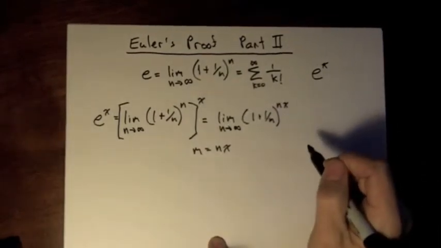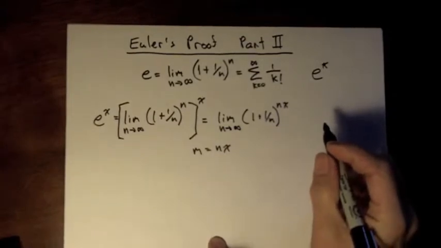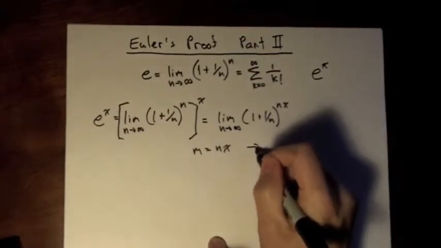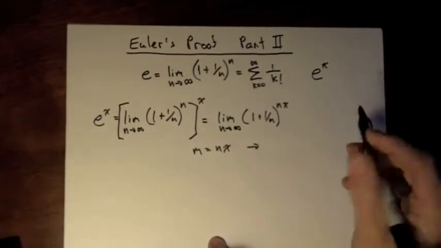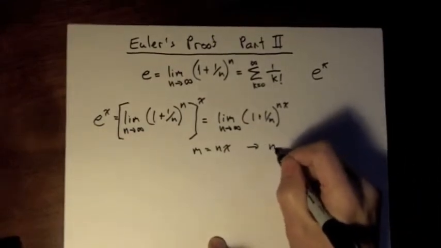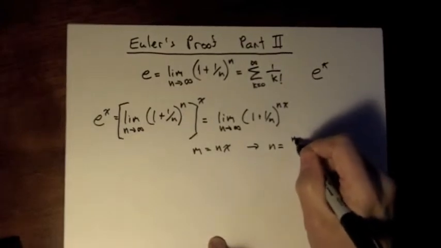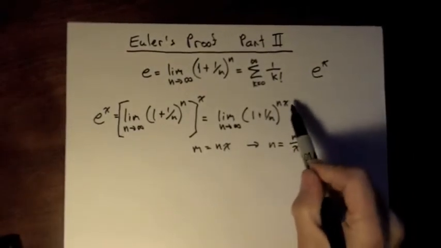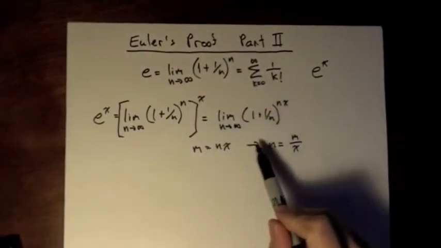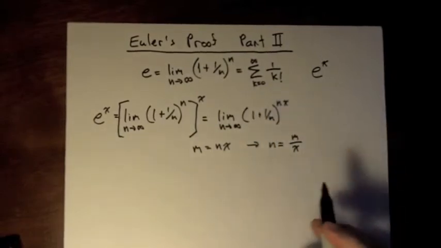One other thing I want to do, not to insult anyone's intelligence here, but if m is equal to n times x, that means that n is equal to m over x. And the reason that's important is that I'm now going to take this limit and rewrite it in the following way.